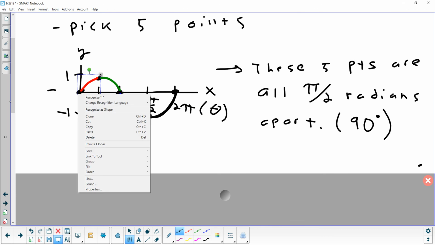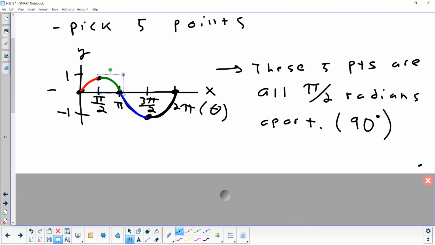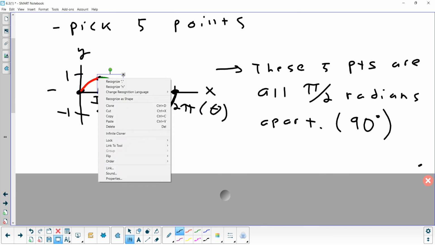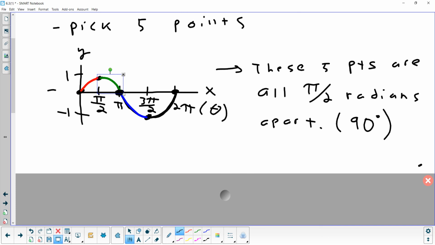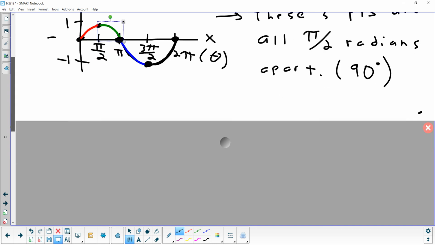That's 0, 0. This is pi over 2, 1. This is pi, 0. 3 pi over 2, negative 1. And 2 pi, 0.